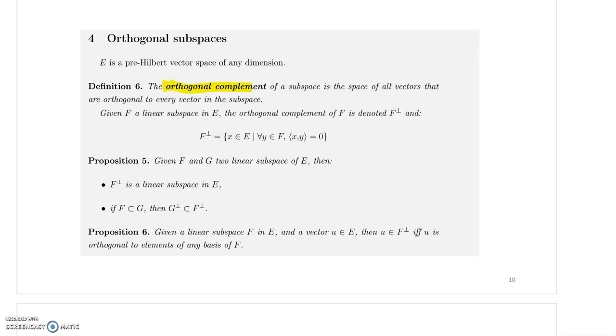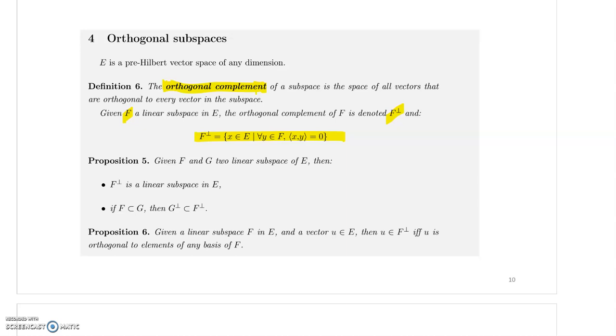It is very naturally defined: you've got a subspace F, and its orthogonal complement, denoted with a small orthogonal sign at the top right, is all the x's in E such that for every y in F, the scalar product between x and y is equal to 0.